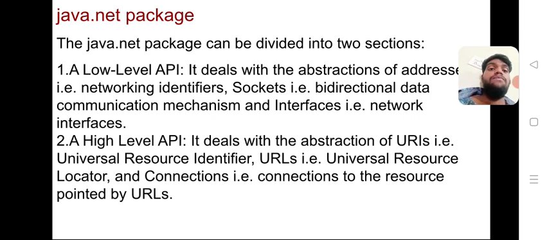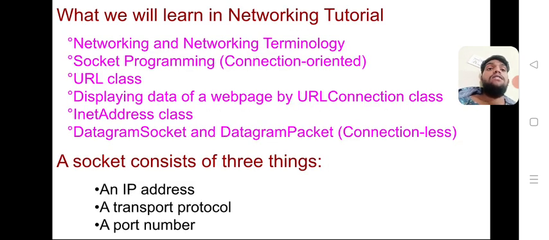High level API: it deals with the abstraction of URIs, Uniform Resource Identifiers, URLs, Uniform Resource Locators, and connections to the resources pointed to by URLs. What we'll learn in the networking tutorial: networking and networking terminology, socket programming (connection-oriented), URL class, displaying data of a web page by URLConnection class, InetAddress class, DatagramSocket and DatagramPacket (connectionless).